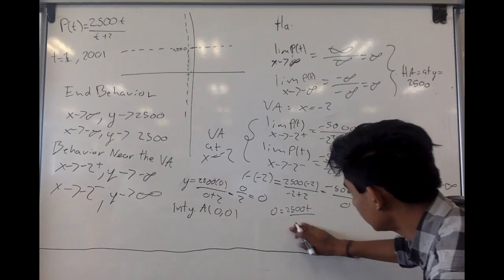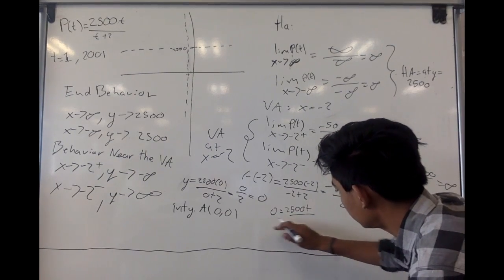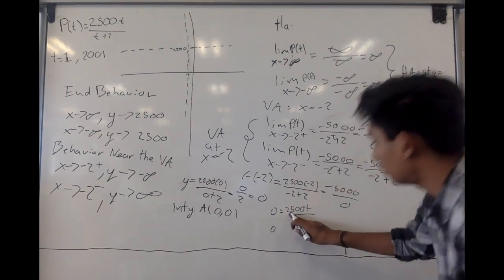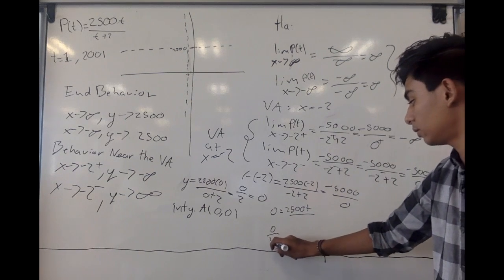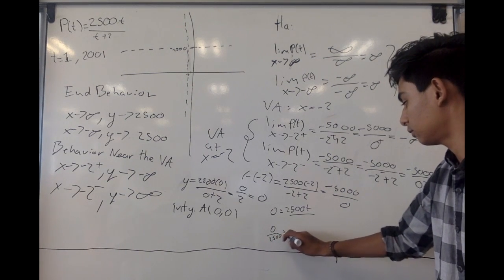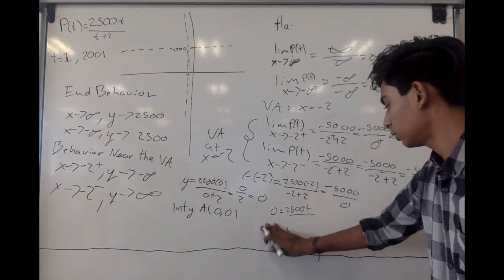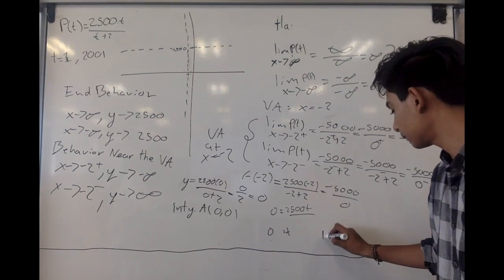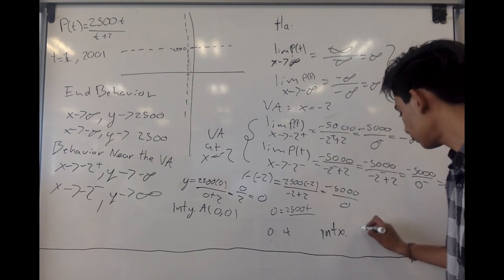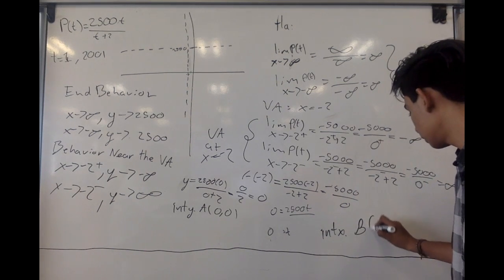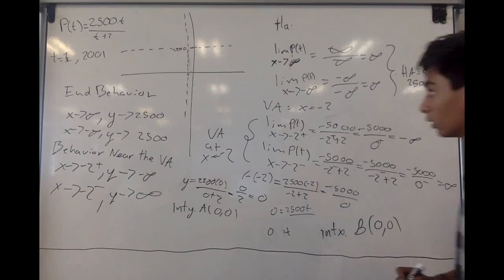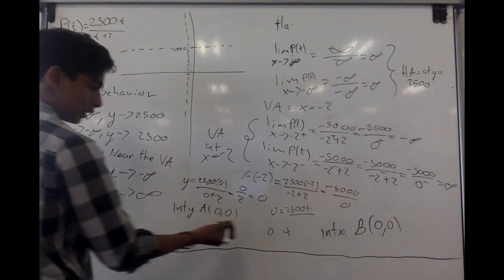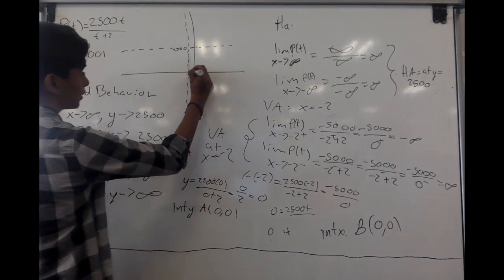Here, if we eliminate this, we get 2500 times 0 divided by 2, which is 0. So the x-intercept is at 0, 0. So to graph, the y-intercept and x-intercept are at 0, 0.